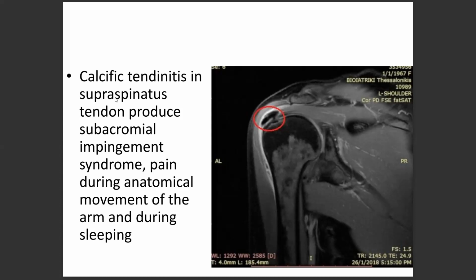Calcific tendonitis in the supraspinatus tendon produces subacromial impingement syndrome, with pain during anatomical movement of the arm and during sleeping. Specifically, if the patient sleeps on the affected side, the intensity of the pain increases and his or her sleep will be highly disturbed.